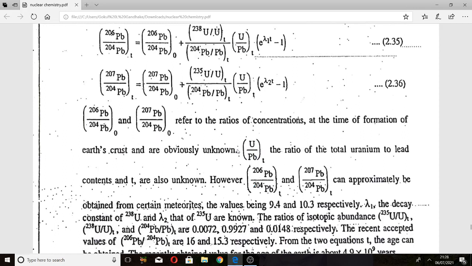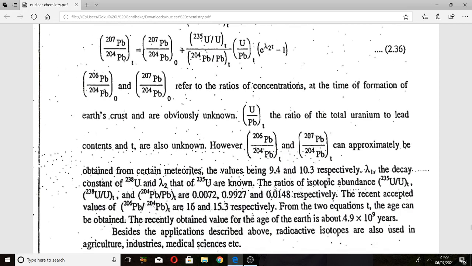However, lead 206 divided by lead 204 and lead 207 divided by lead 204 can be approximately obtained from certain meteorites, the values being 9.4 and 10.3.